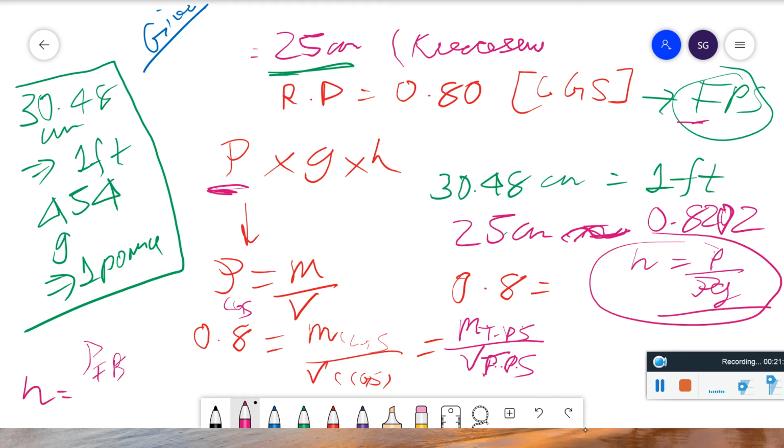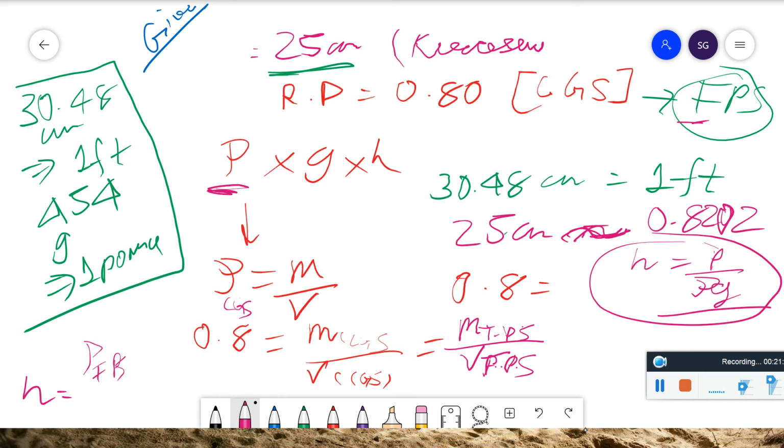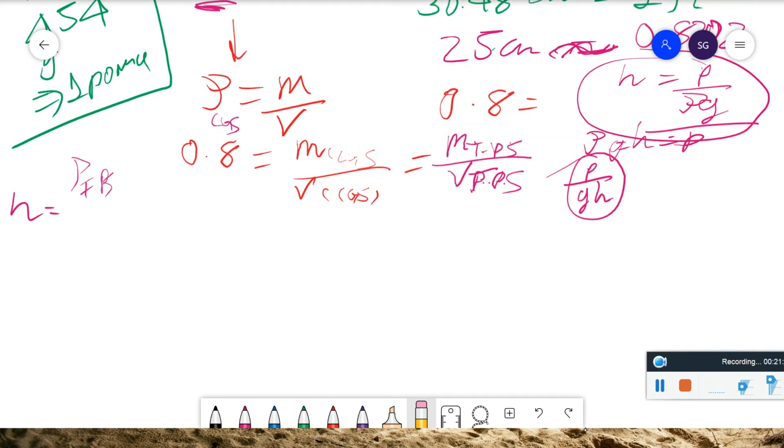So H is equal to P upon rho G. So here rho GH is equal to P, and here we know this rho, so I will replace this by P upon GH because we have these terms. Fine. We have found this out, so I will rub it off a little bit.